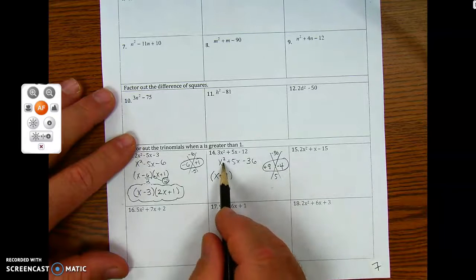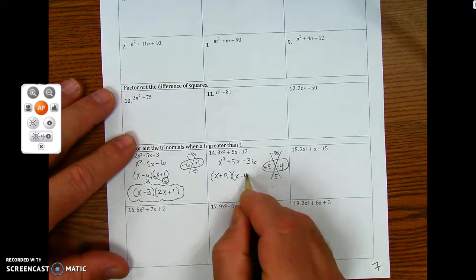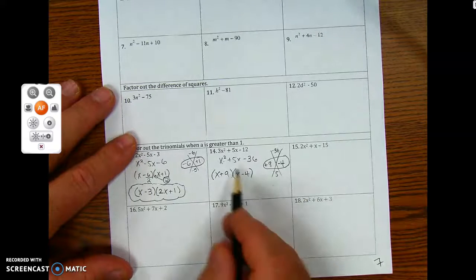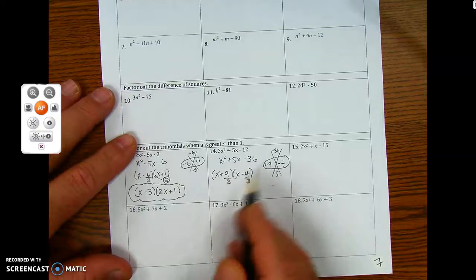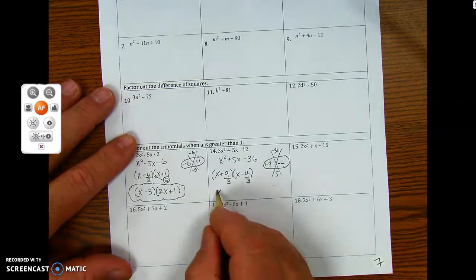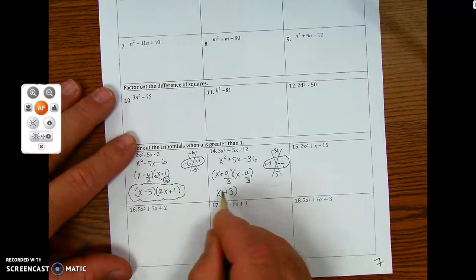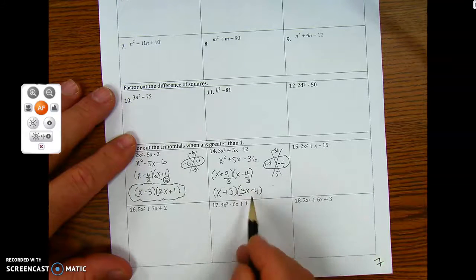Take the other x from right here and subtract 4 from it. And now I divide by a, which was 3 in the beginning. 3 times 12. So my answer is going to be x plus 3 times, bring the bottom up, 3x minus 4.